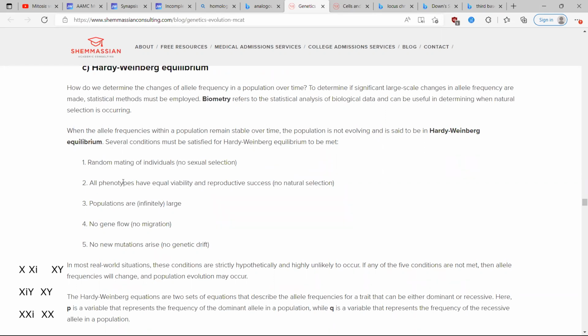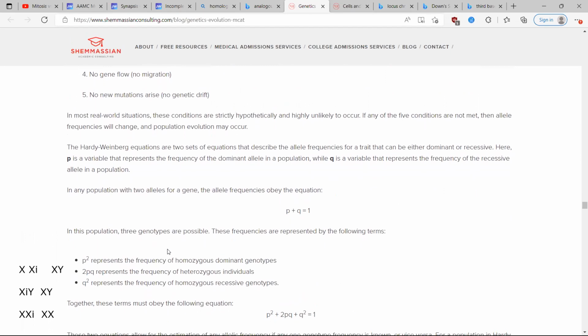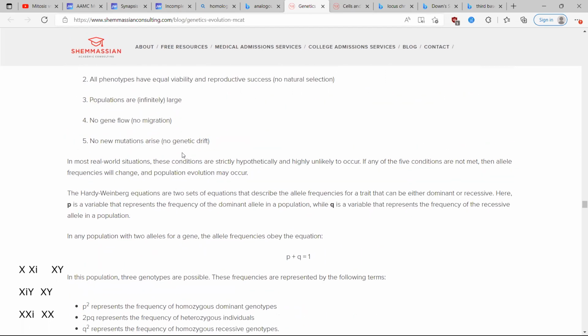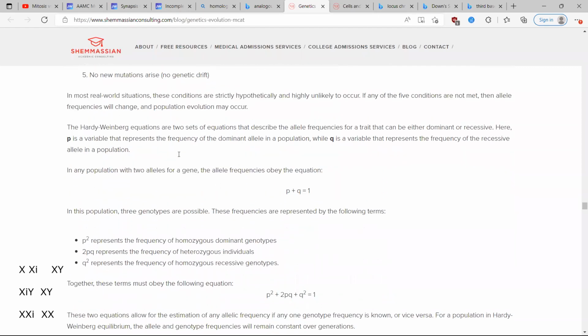Then all phenotypes have to have equal viability and reproductive success, so there's no natural selection. The population is infinitely large, so there are no small-population pressures. There's no gene flow or migration, and there's no genetic drift. So this is all completely theoretical, and these are all in place so that there is no population evolution, right?